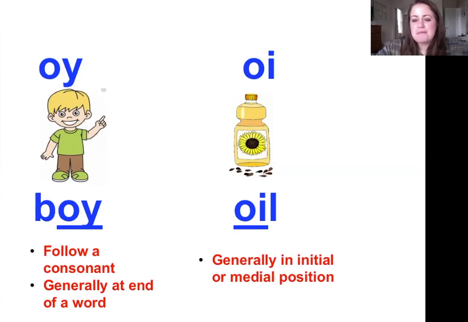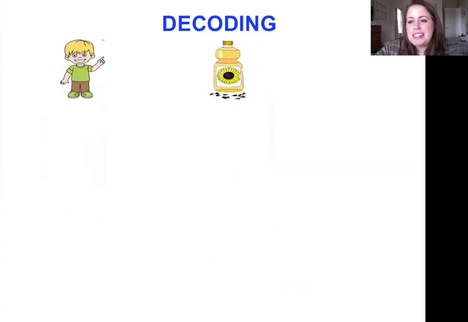So keeping those things in mind, we're going to practice decoding some words together, starting with words that have the OY pattern, as in the word boy. First up, I see this word, and right at the beginning, a capital letter is catching my eye. Remember that when we see a capital letter, it means one of two things.